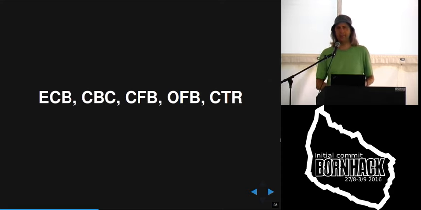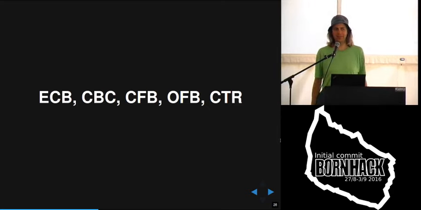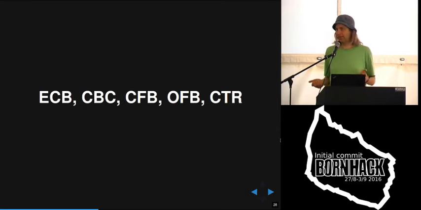ECB is basically not really a cipher mode. I always say it's more an example of what you should never do, because it's completely insecure and nobody should use it ever for anything. CBC is the one we heard about earlier in TLS, which led to all these padding oracle problems. CFB and OFB are a bit more obscure.